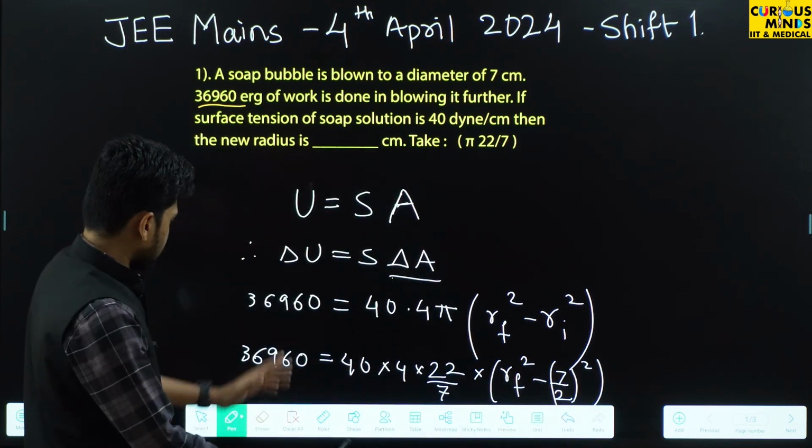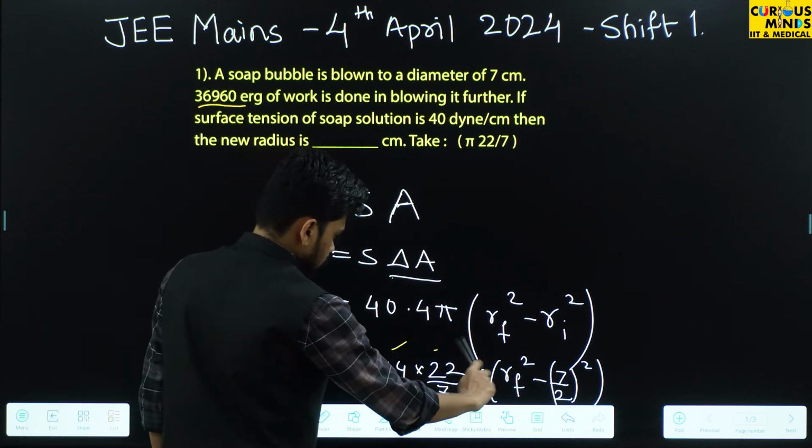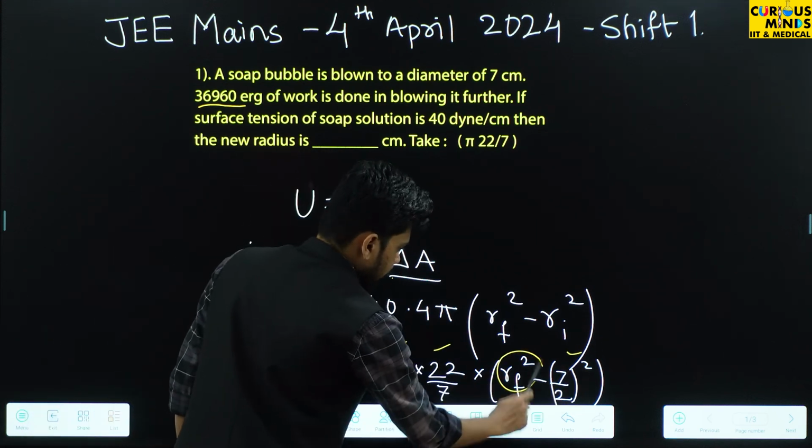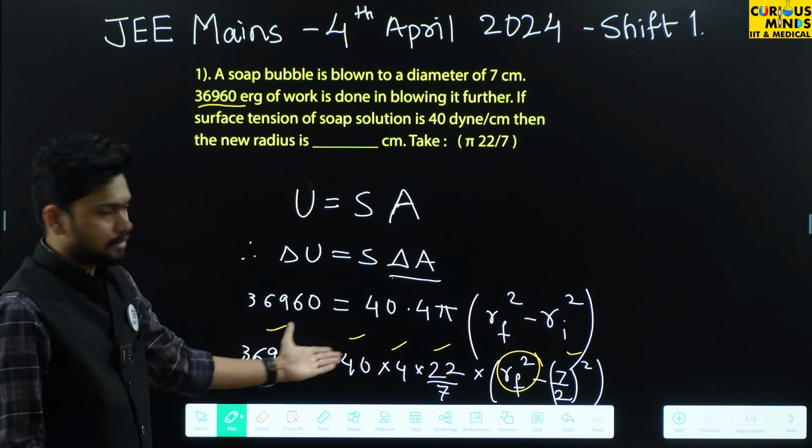So now everything is known except R final, which is the only thing to be calculated, and it's easy to do.